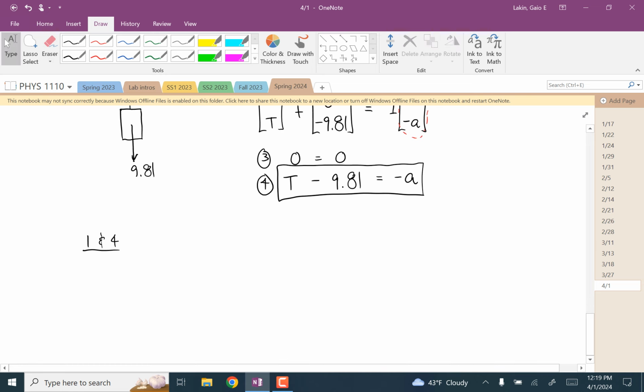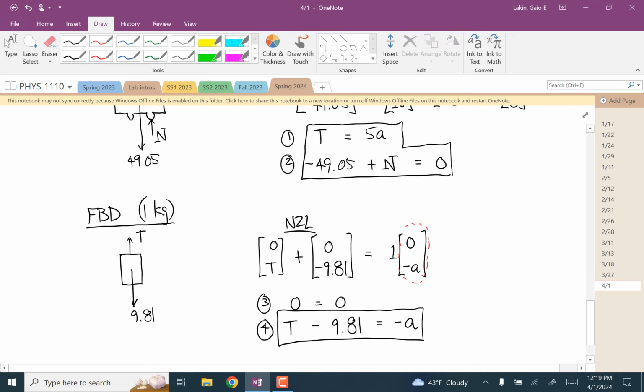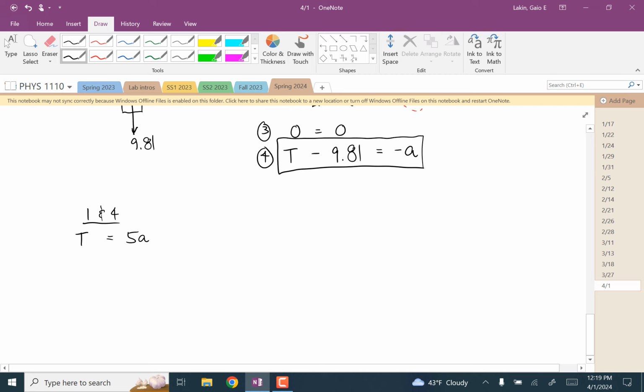Equation 1 says T is equal to 5a. Equation 4 says T minus 9.81 is equal to negative a. I'll substitute equation 1 into equation 4.